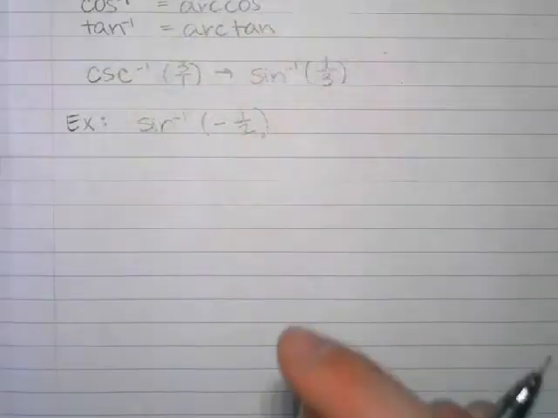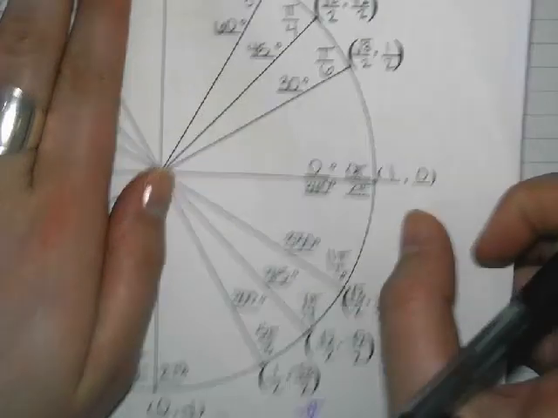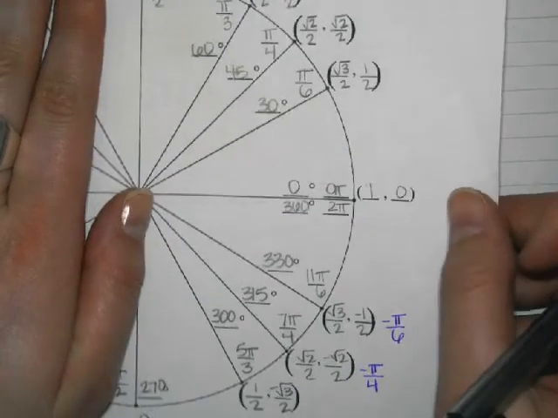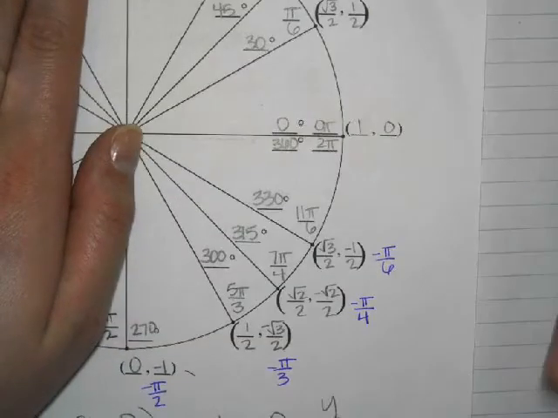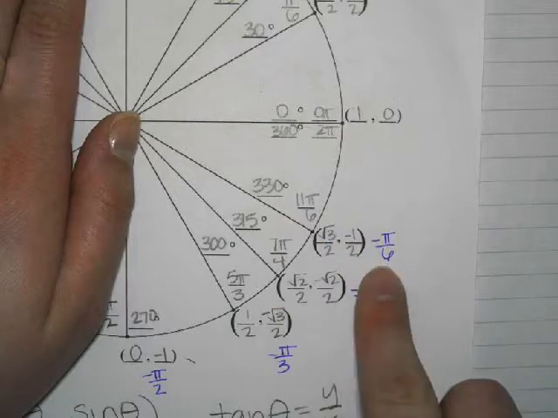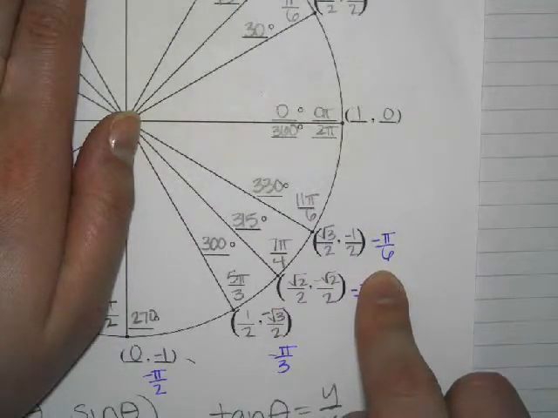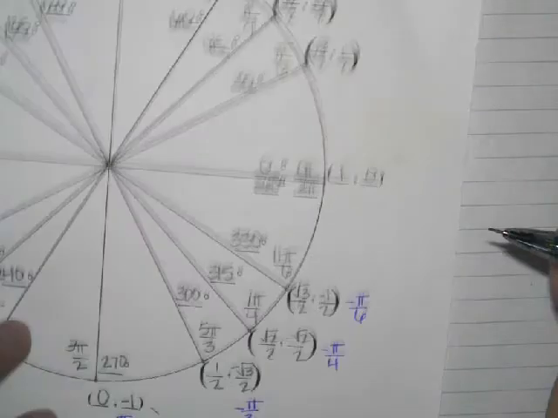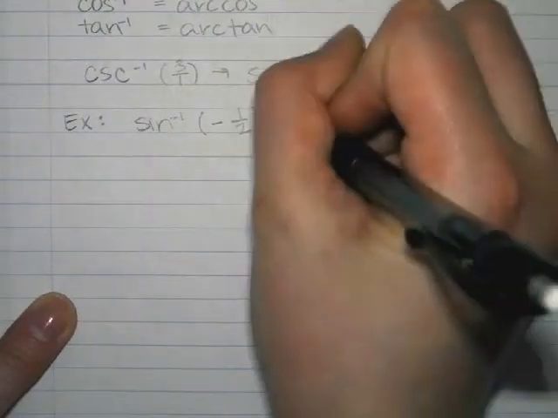Okay, so take out your unit circle, cover up quadrants 2 and 3, you're looking at only 1 and 4, and you're looking for a y-coordinate of -1/2. Where does that happen? At 11 pi 6, which we're going to call negative pi over 6 for today. Okay? So we're going to write down this equals negative pi over 6.